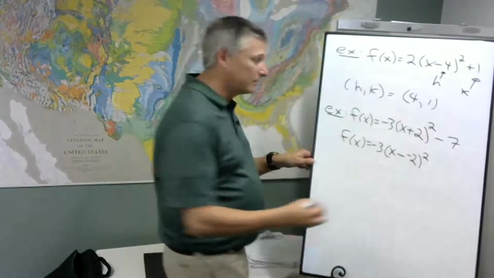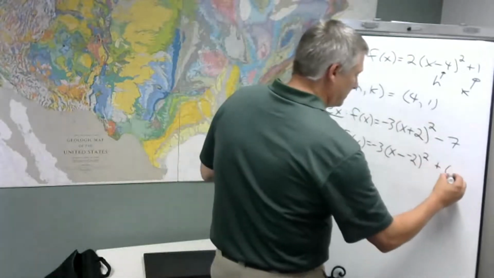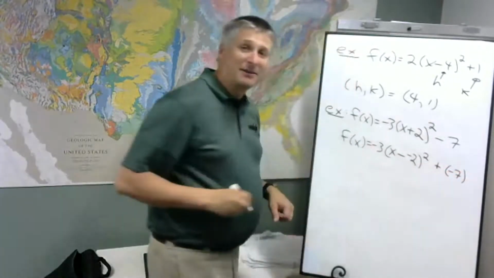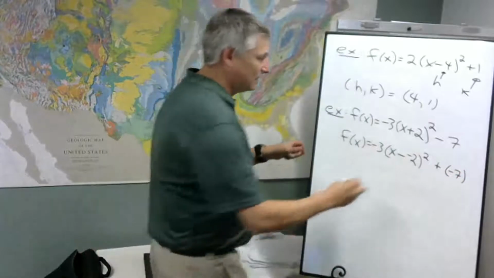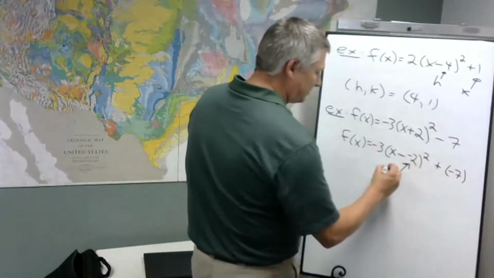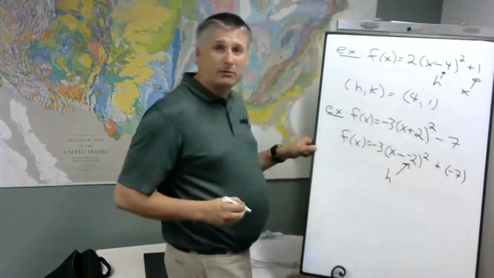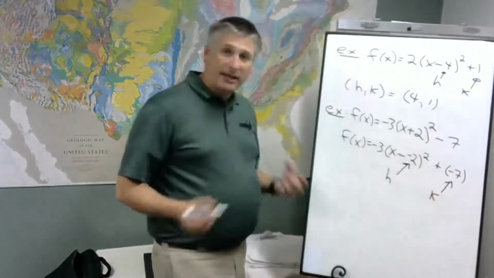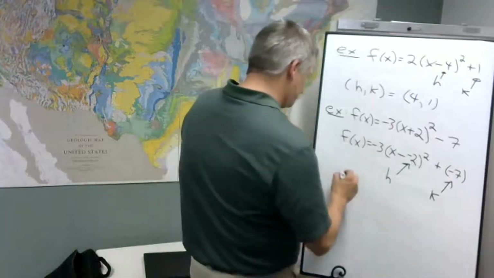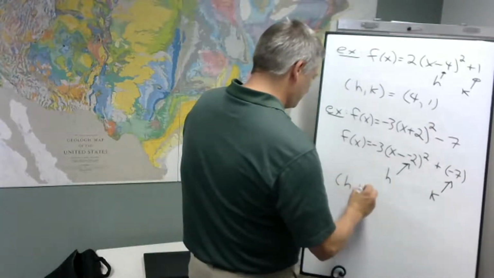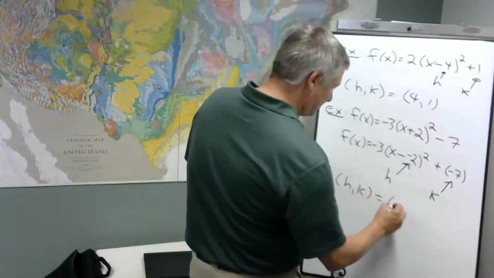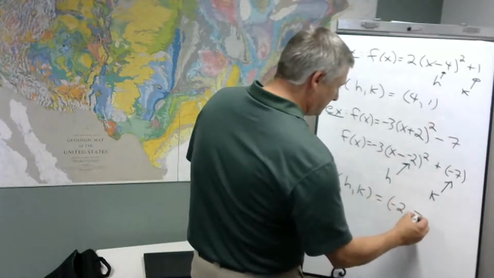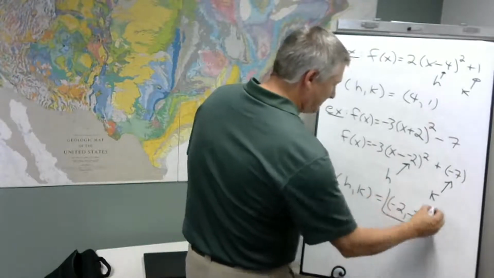And then subtraction, we can add a negative. So we'll always subtract h. H will be -2. We're always adding k. K will be -7. So our vertex is -2, -7.